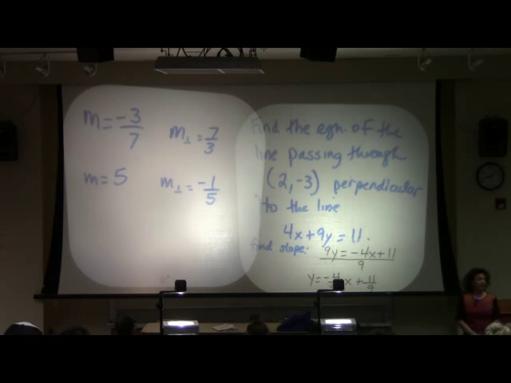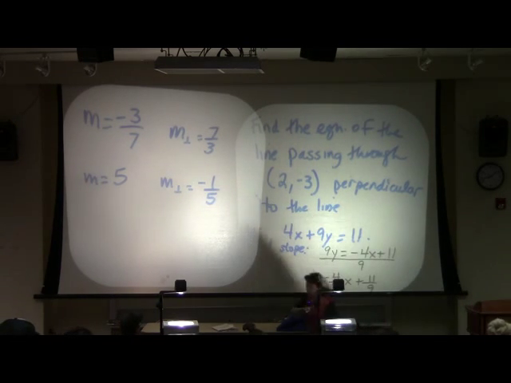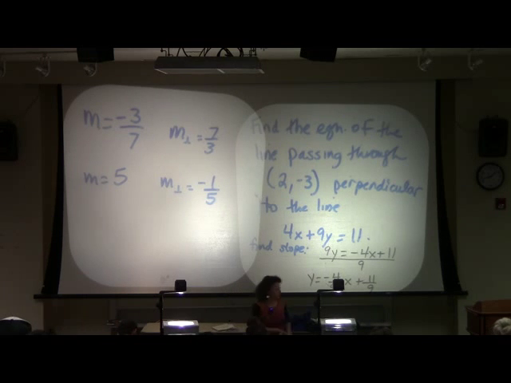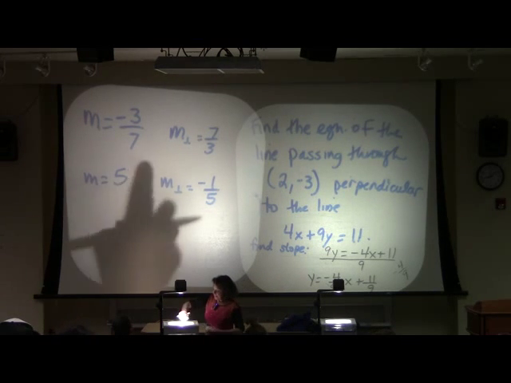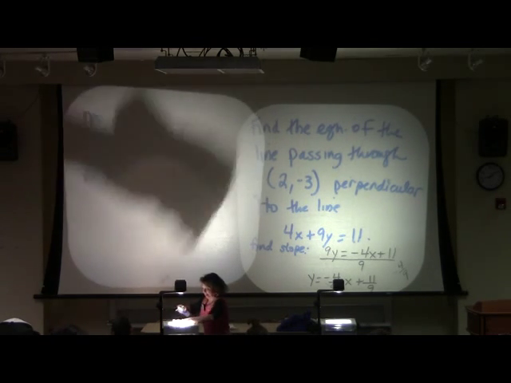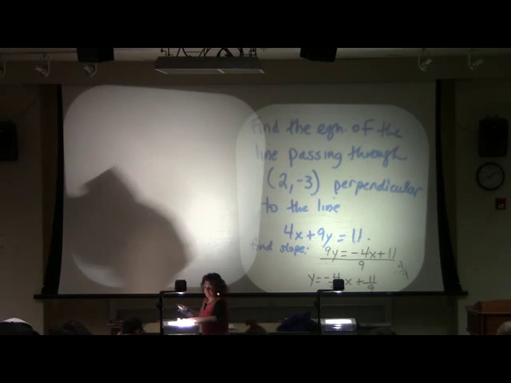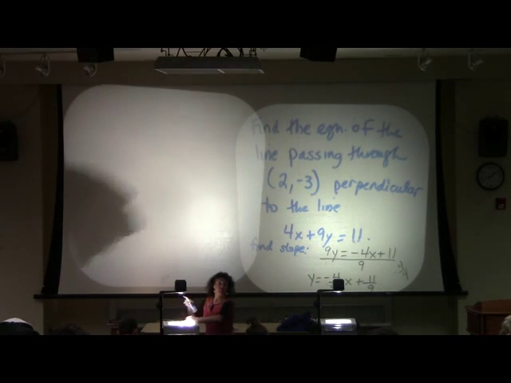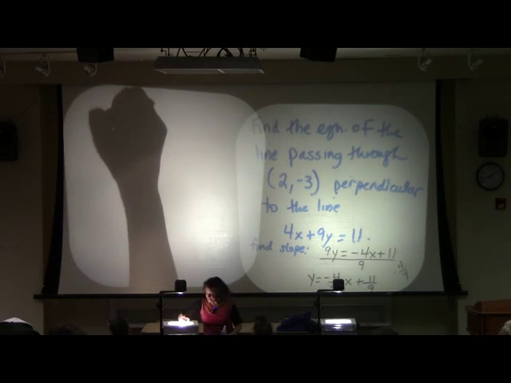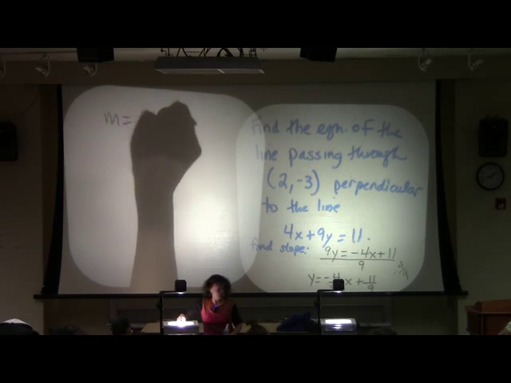I'll grant you it's not very pretty, but don't worry, I made the numbers nice enough. Okay? So, we just found that the slope of this line is -4/9. Do you all agree? Therefore, what is the slope of the line that we're looking for? Positive 9/4.